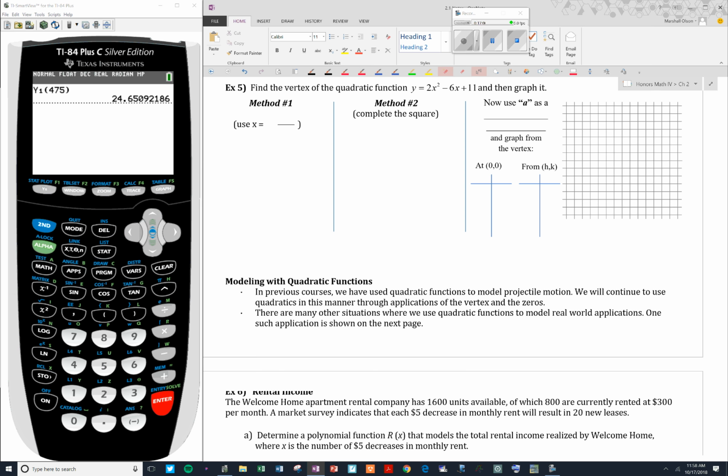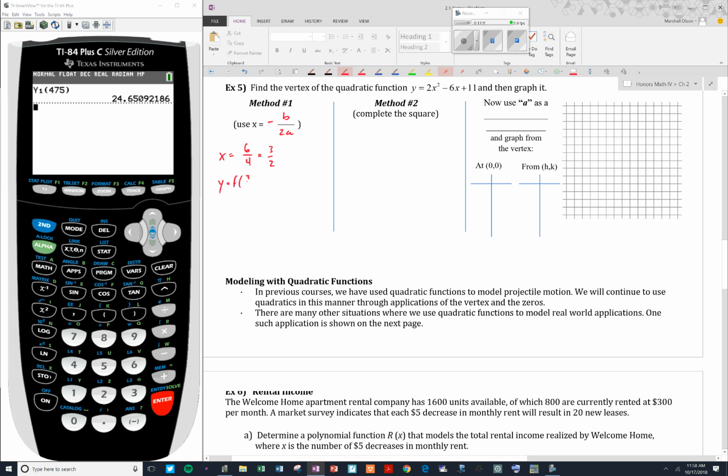It wants us to find the vertex first. So we're going to use -b over 2a to start. So x would be, -b over 2a would be +6, the opposite of b, over 2a, a is 2, so 6/4, which is 3/2. To find the y value of the vertex, you have to put that into the function.